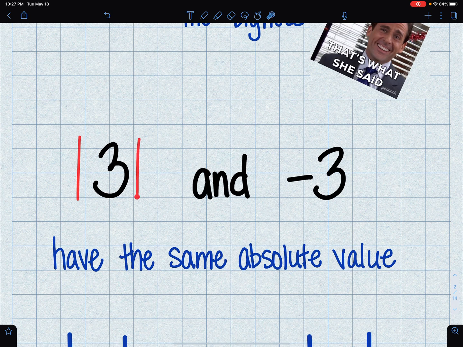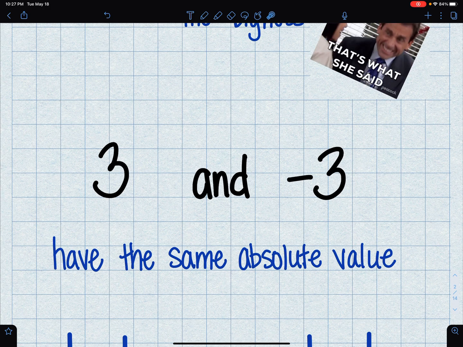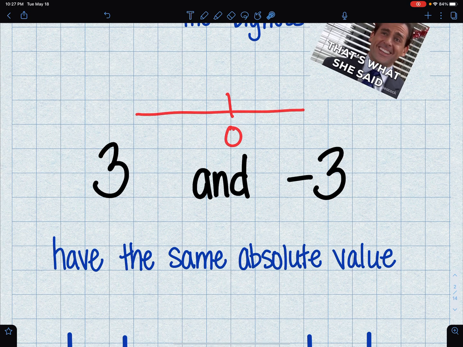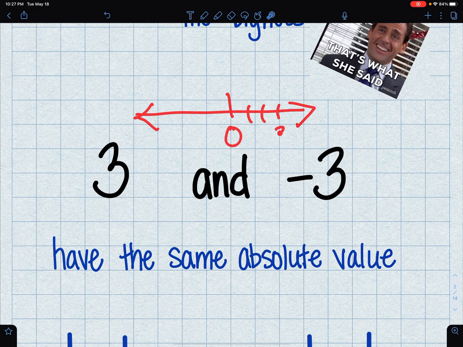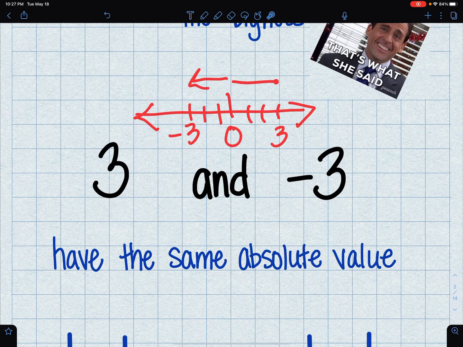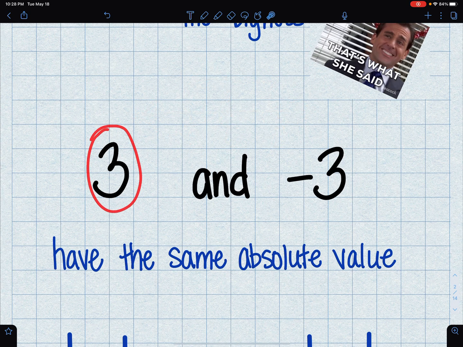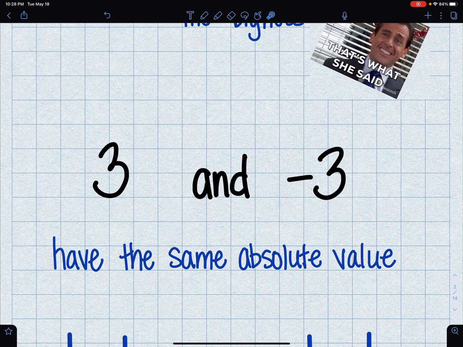If you take the absolute value of each, you're going to get the same magnitude, even though one of them is a positive number and one is a negative number. The way I think about that, and they bring this up later, is how far away are you from 0 on the number line? These are the same distances from 0. There's 3 here, and there's -3. So the magnitude is the same, and they just have different signs, but they have the same absolute value.